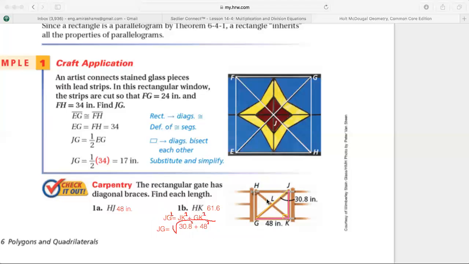And JG is equal to HK because both of them are diagonals and the diagonals in the rectangle are congruent. Since JG is equal to 61.6, HK is also equal to 61.6. Okay, I will erase now.